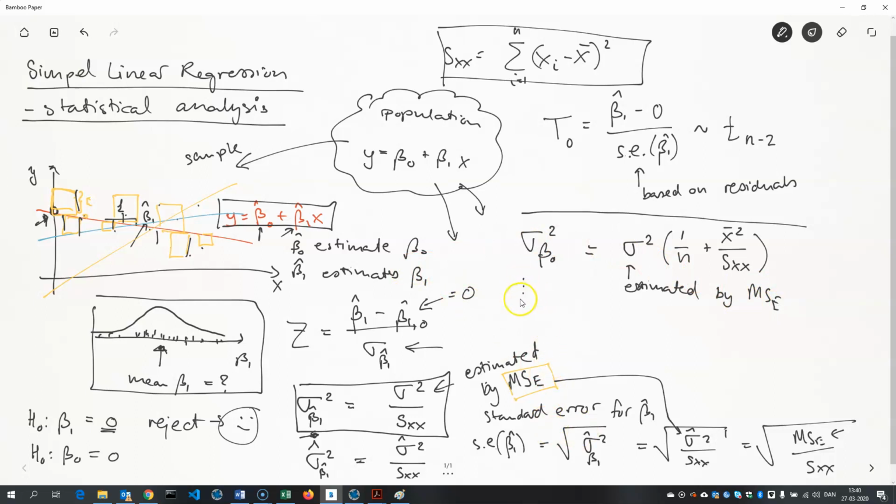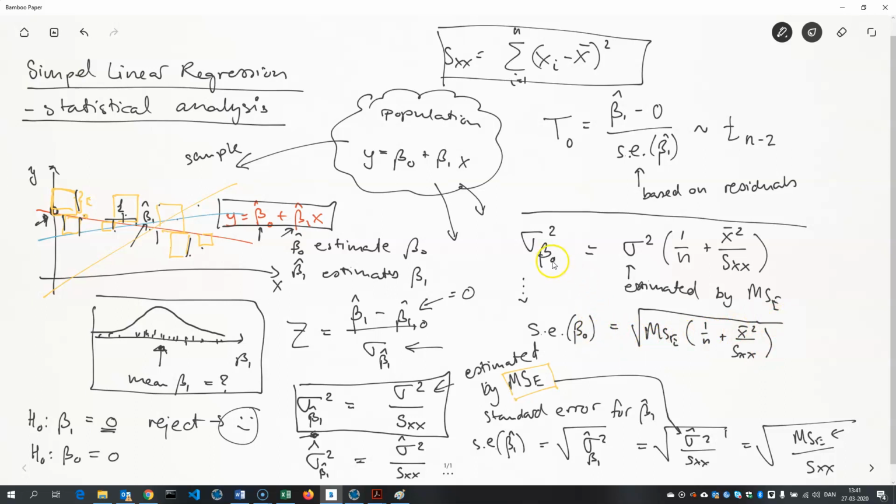So altogether, that leads us to the standard error for beta naught, which is then the square root of the estimate of the variance, which is the MSE, times 1 over n plus x bar squared over the sum squared deviation in the x values.